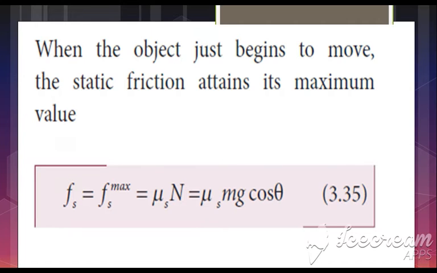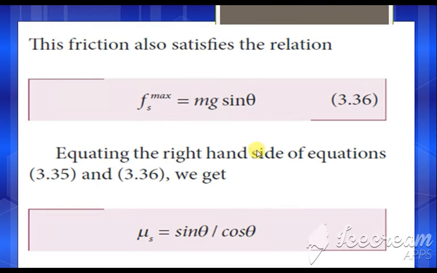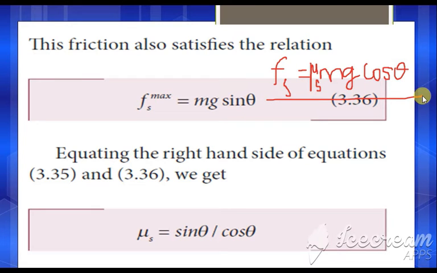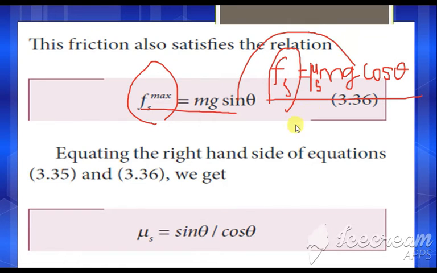And in the same way, from the diagram itself we know the other formula for Fs. Fs is equal to what? mg into sin theta, is it not? So when considering static friction, Fs is equal to mu s into mg into cos theta. Both the terms have Fs, so we can equate both.